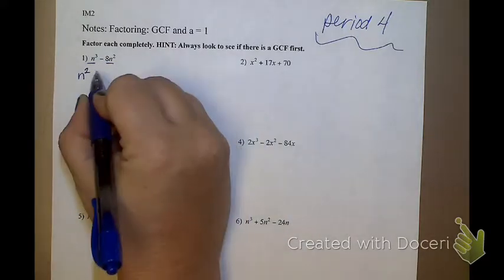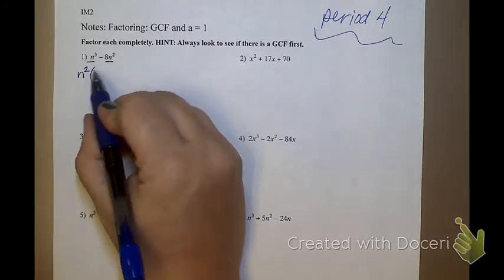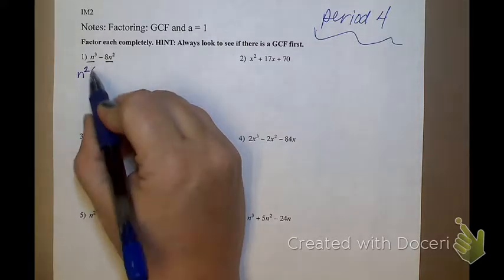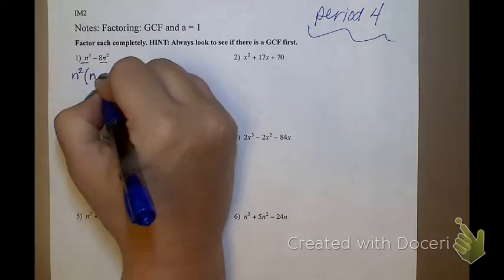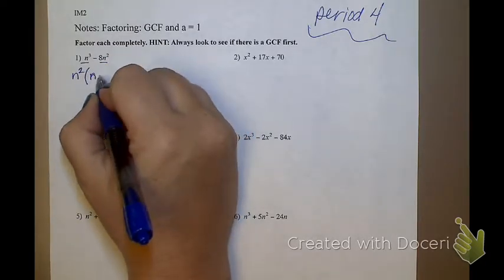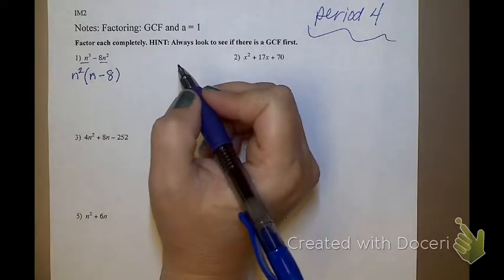Right? So, n squared times what gives me n to the third? N. And n squared times what gives me negative 8n squared? Negative 8, right? I just undistributed that.